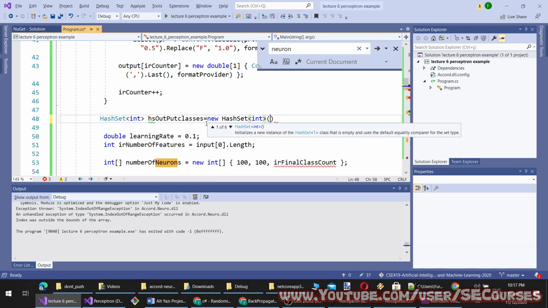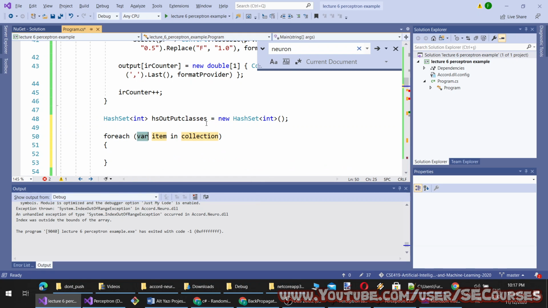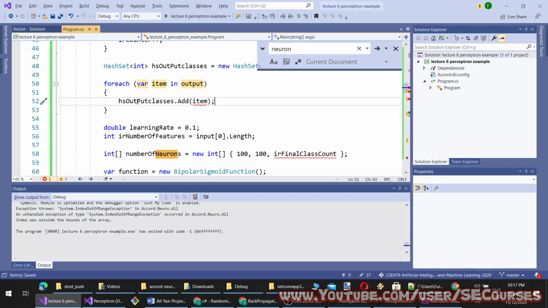You see, we just discovered an error in our code. And add item. So this will add it only for unique dot 0.